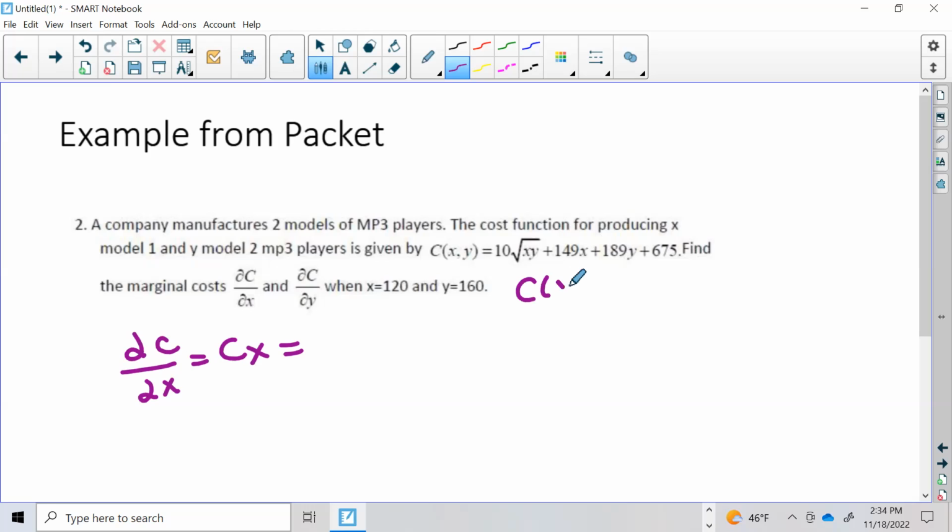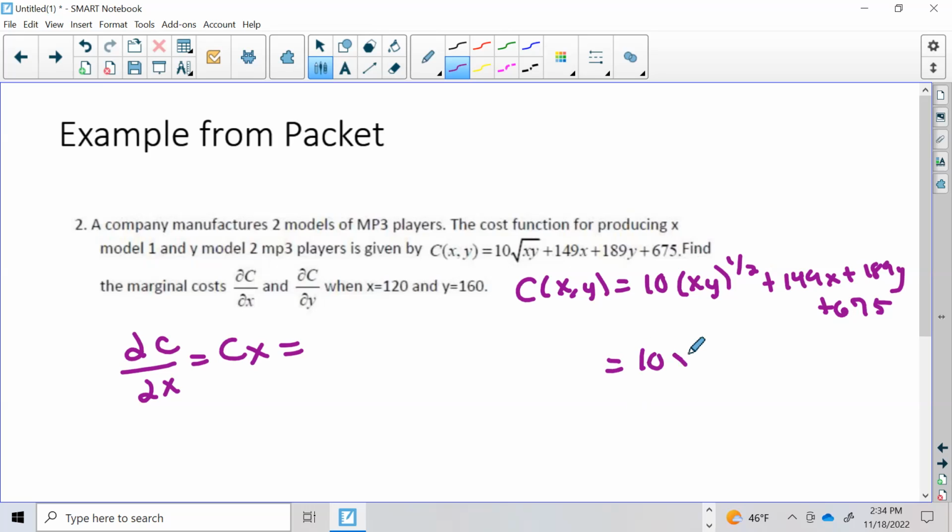So the first thing I need to do is rewrite the square root as to the 1/2. And to make our life easier, because it's x times y, you can make this 10x to the 1/2, y to the 1/2.